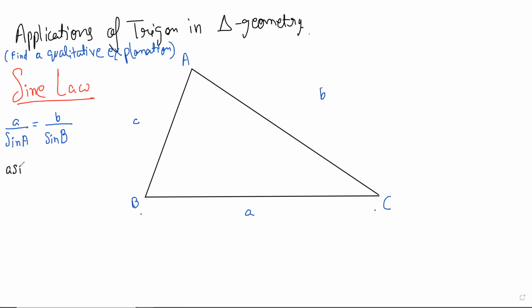Can you interpret this as a length? What is this length in the triangle? a times sine B. Like by definition of sine, what is it? What is a times sine B?